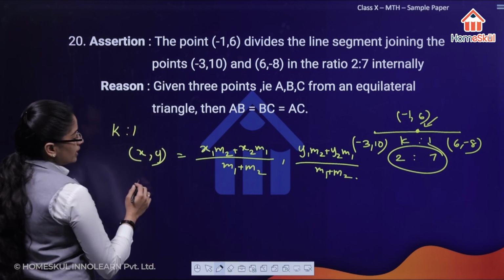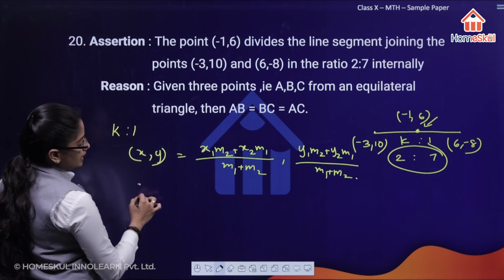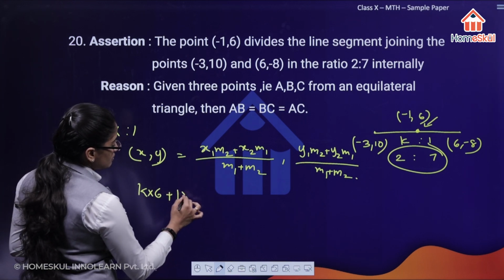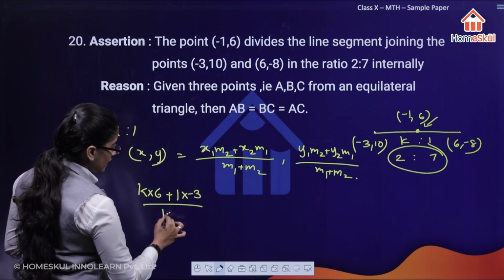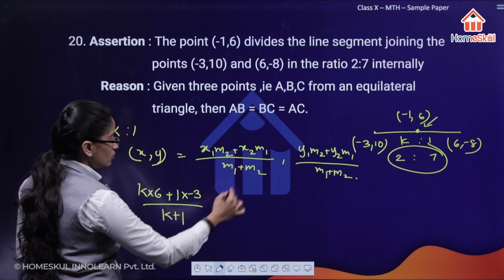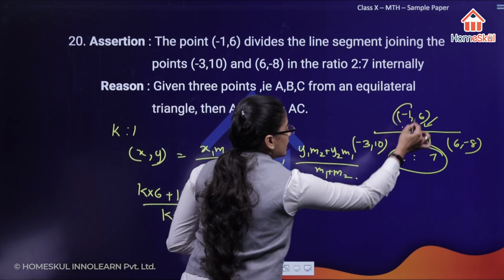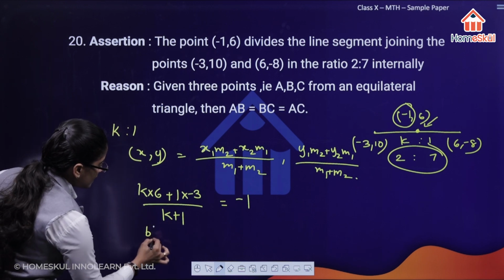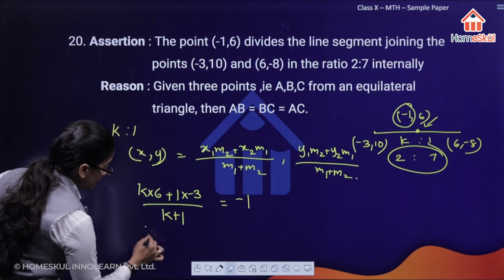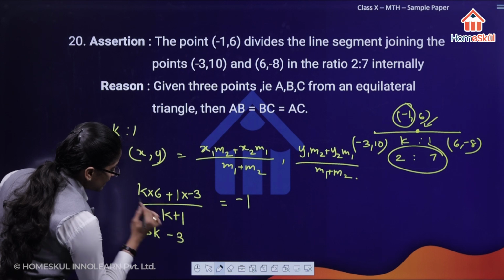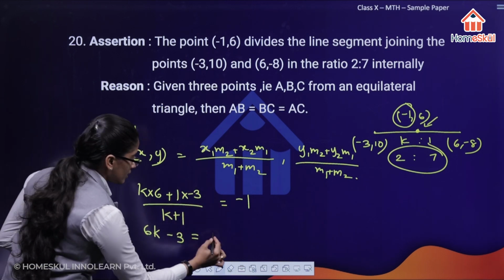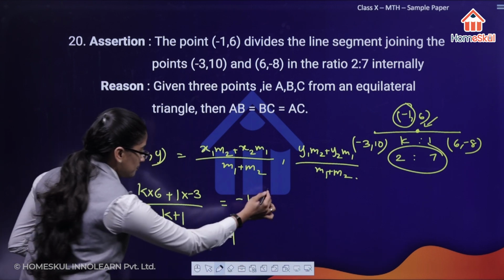So here on solving it, what will we get? k times 6 plus 1 times -3 divided by k plus 1 is equal to this x coordinate, isn't it? That is equal to -1. On solving, we will be getting 6k minus 3 is equal to k plus 1 times -1, that is minus k minus 1.